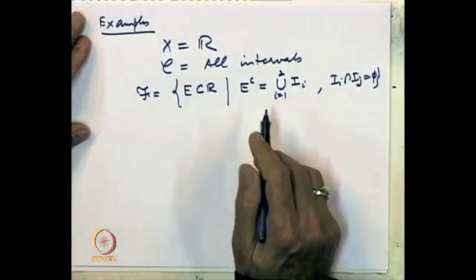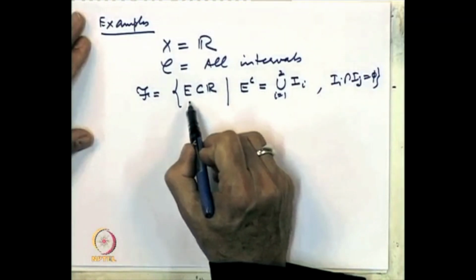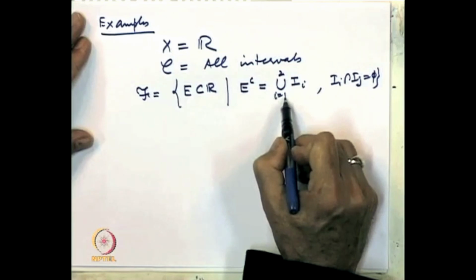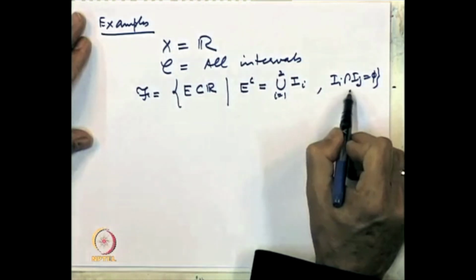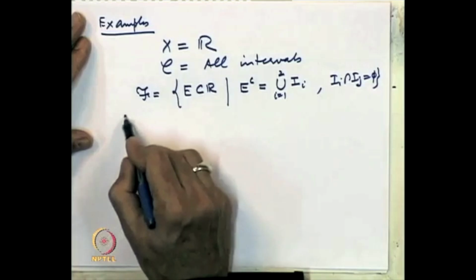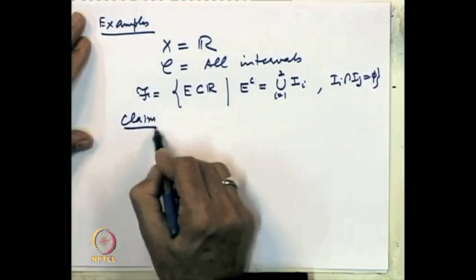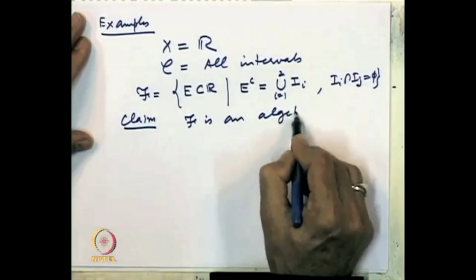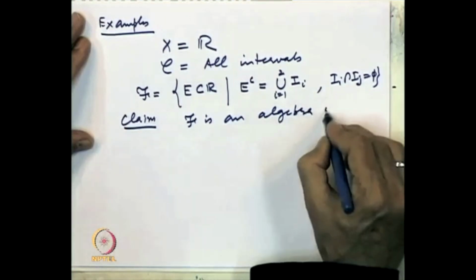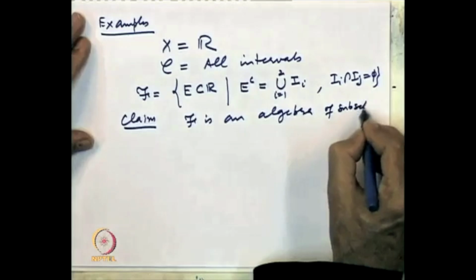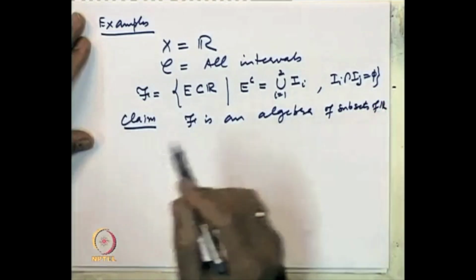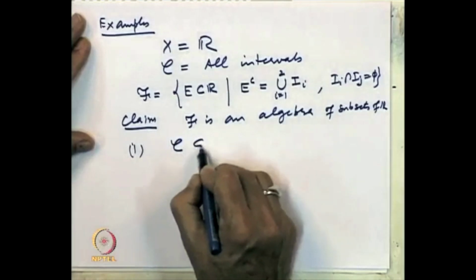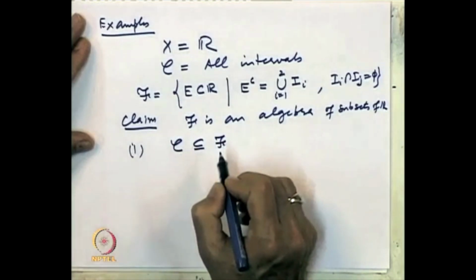So what we are saying is, look at all those subsets of the real line which can be represented as a disjoint union of two intervals. So claim: F is an algebra. We claim that this is an algebra of subsets of R. So let us first make some observations, namely C is a subset of F, right?